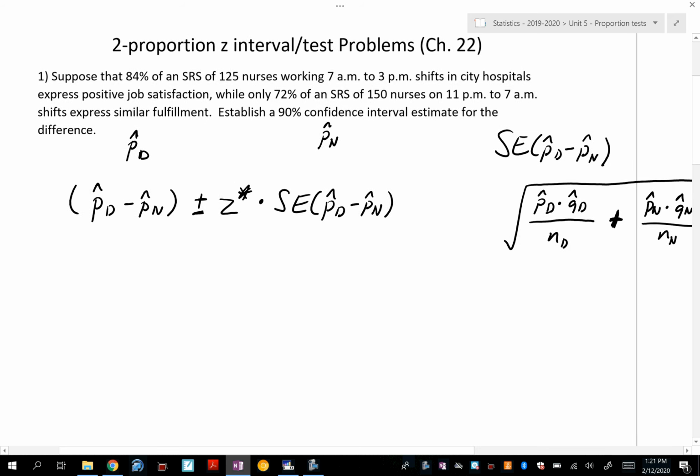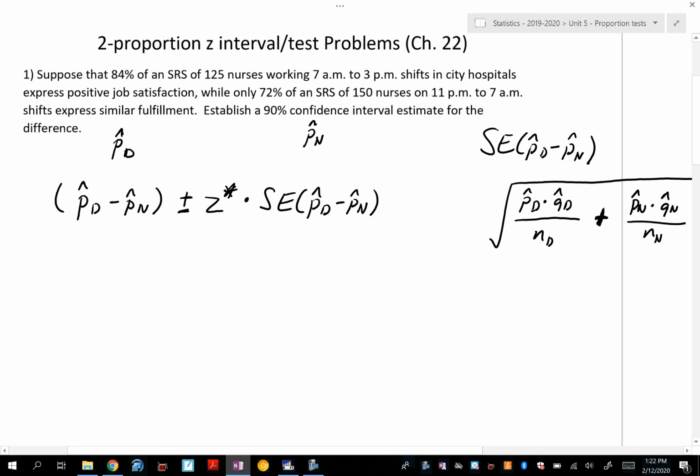So what is the proportion of nurses working the day shift that expressed positive job satisfaction? That's the sample size. What's the proportion? 84%. So as a decimal, I'm going to write 0.84 minus, what's that same proportion but for the night shift?